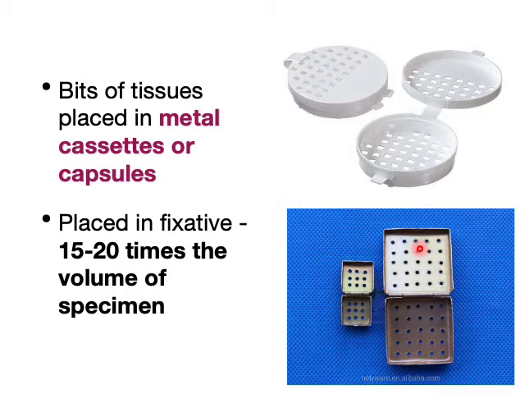Sometimes other fixatives are also used. Apart from formalin, we will also use other fixatives. The purpose of using other fixatives is to retain specific components of the cells that will be lost while formalin is used as a fixative. While fixing in formalin, some of the cell components will be lost.